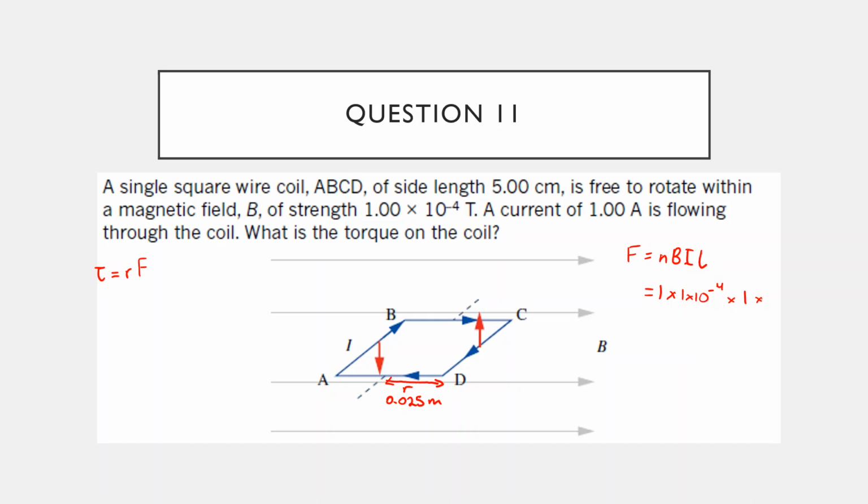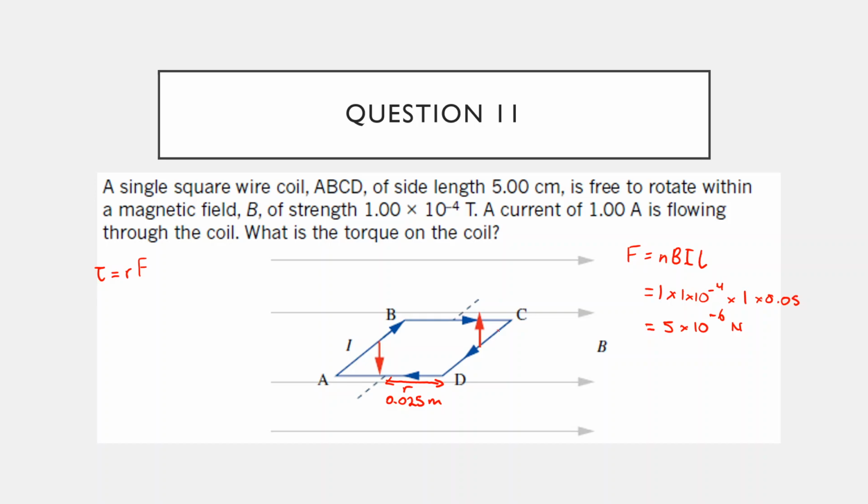Let's just talk about side CD. It's a 5 centimeter square, so this length is going to be 0.05 meters. And what you end up with here is something along the lines of 5 times 10 to the negative 6 newtons.